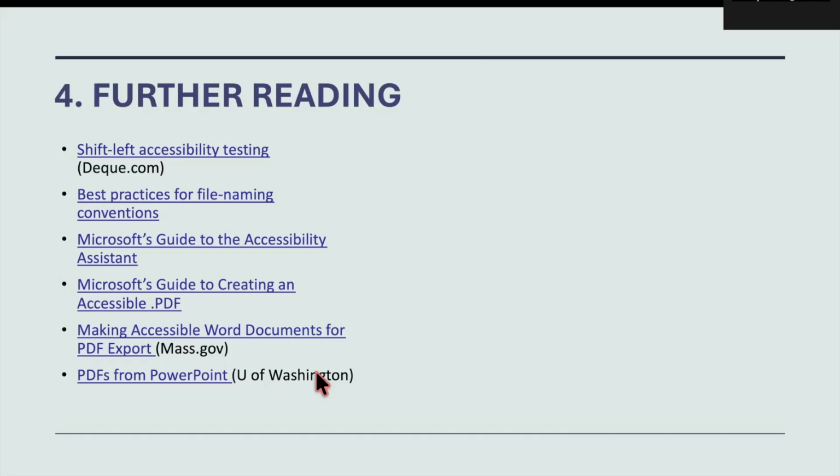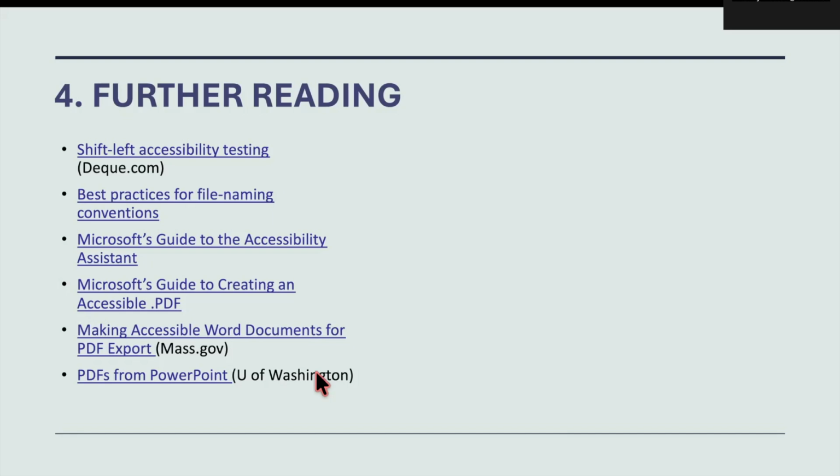Microsoft has also put out a guide to creating an accessible PDF, like how to jump through all the hoops and over the hurdles. There's a fantastic guide to making accessible Word documents that export cleanly to PDF from the Massachusetts state government website. It's actually really, really good as a job aid.